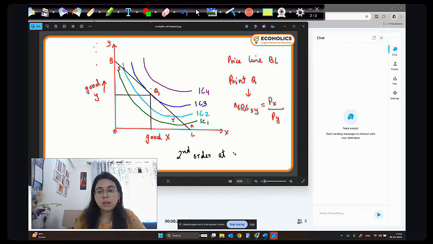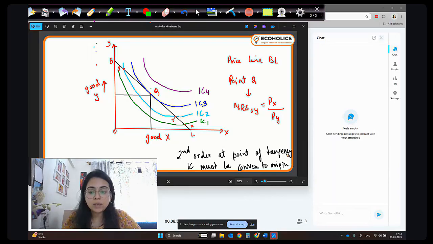So what I just said is that the second order condition is that at the point of tangency, my IC curve must be convex to the origin. Can you tell me what convex to origin means? What does that depict?